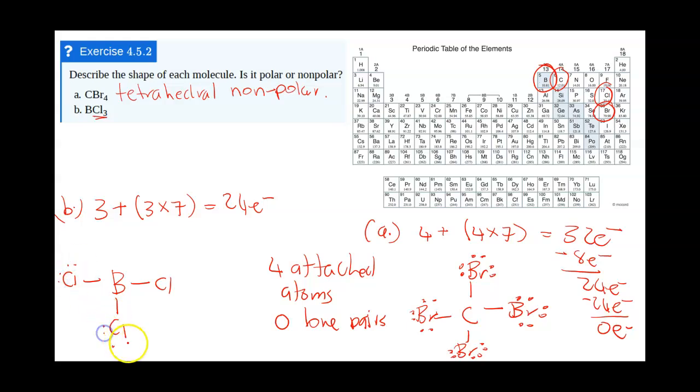What this means is once we finish off our lone pairs, we use up all of our electrons. We use 2, 4, 6 electrons to make the bonds. That gives 18 electrons. And then we put 6 electrons on each of the 3 chlorines. That uses up all of our electrons. So when I look at this structure here, I have 3 attached atoms.